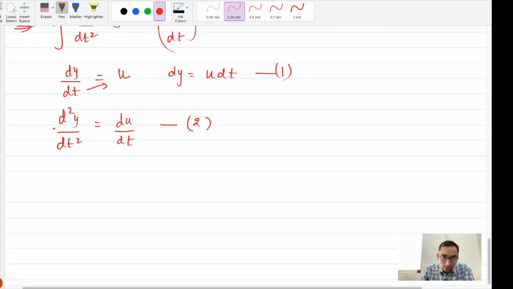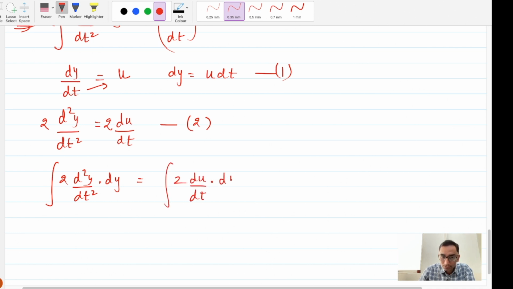Now if I integrate this, and let me multiply 2 on both sides. Now if I integrate, this is 2 d2y by dt2 with respect to dy. So over here also integration of 2 du by dt with respect to dy. Now what am I going to do? This dy value I am going to substitute over here.